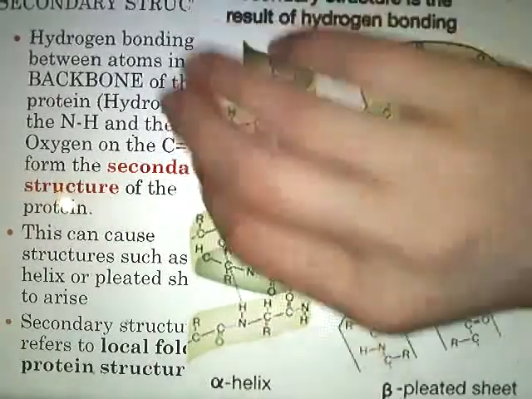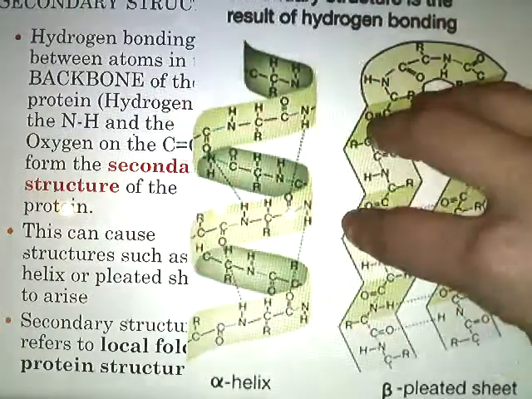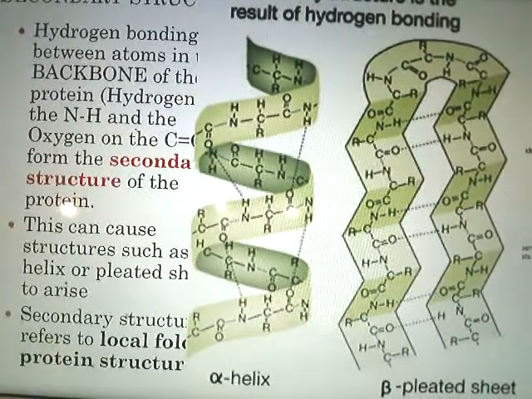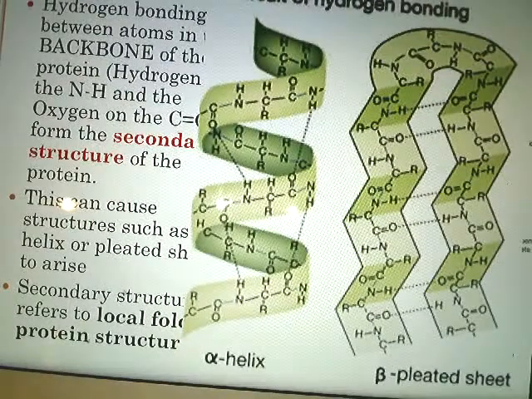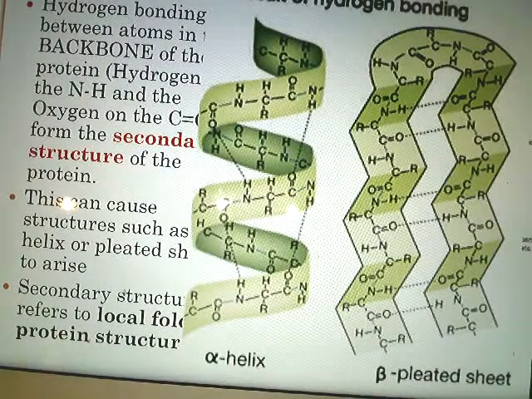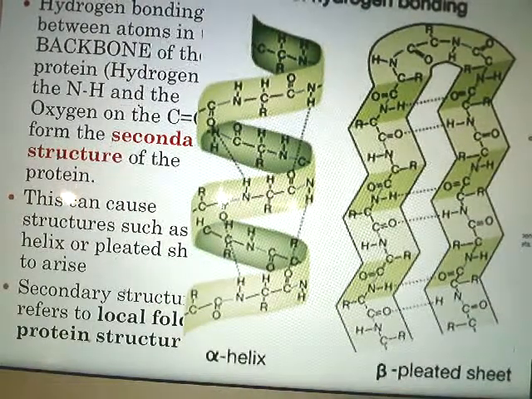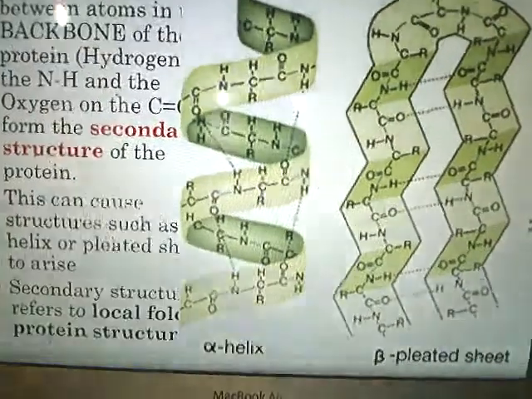This will be the same in every single protein. Whether it forms an alpha helix or a beta pleated sheet is well beyond the scope of the course. And it's determined by other proteins that help fold it, as well as the pH, the environment, the amount of water present, etc.